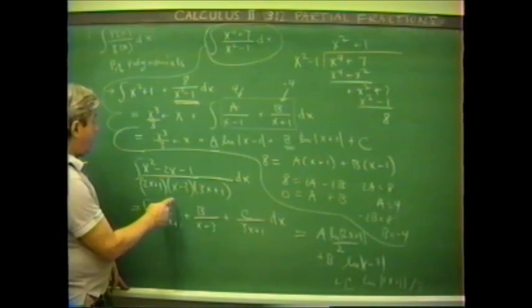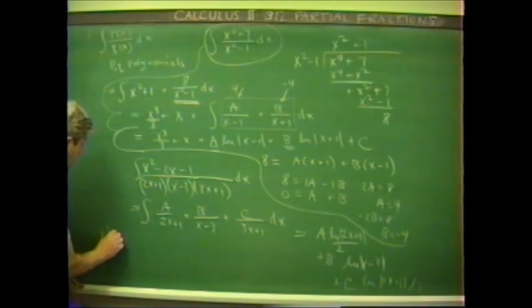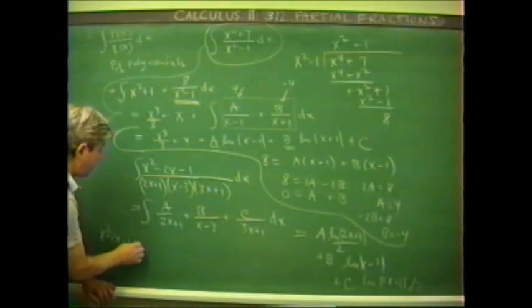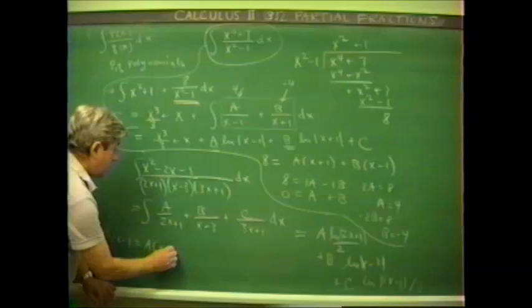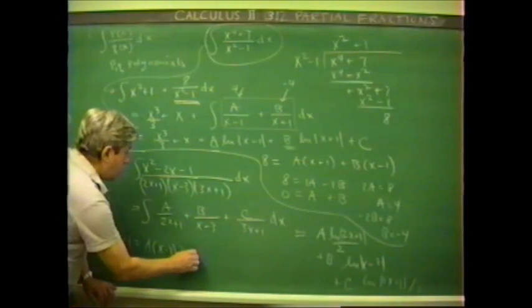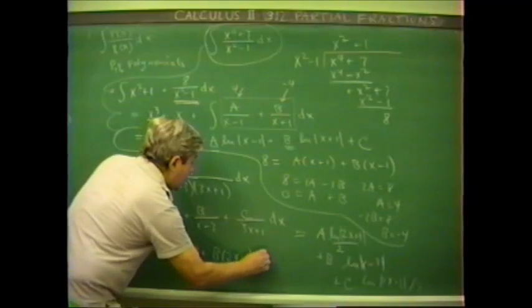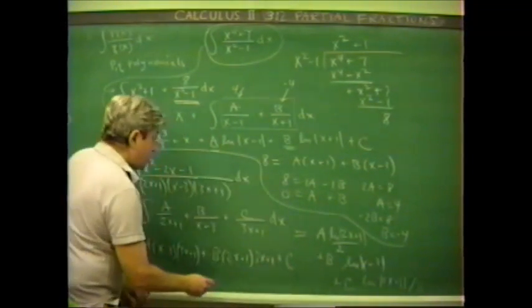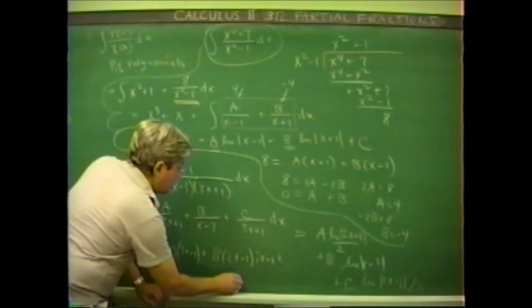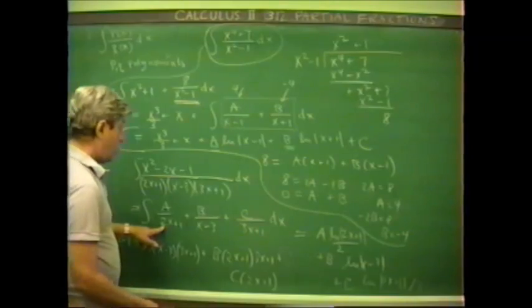Now, to find out what a, b, and c are here, we really want to compare x squared minus 2x minus 1 with what we get if we put this over the common denominator. This is a times x minus 3 times 3x plus 1, plus b times 2x plus 1 times 3x plus 1, plus c times 2x plus 1 times x minus 3.